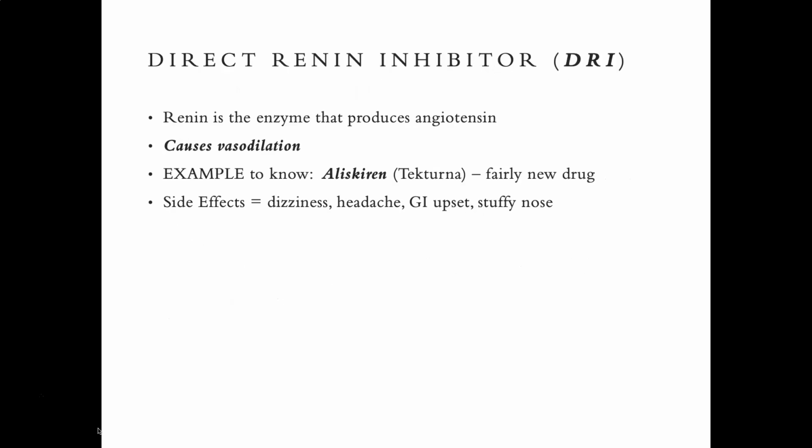Then you have a direct renin inhibitor, and this is called a DRI. Remember, renin is the enzyme that produces angiotensin, so this is going right at it, stopping it before it even gets to angiotensin, which causes vasodilation. And aliskiren is the new drug that you need to know.